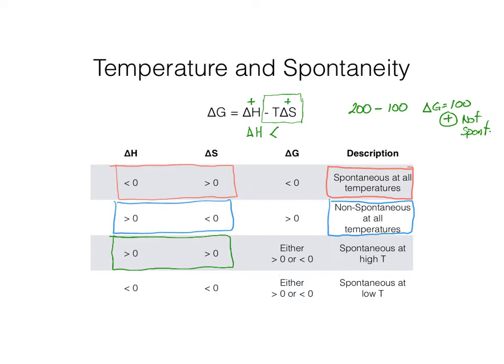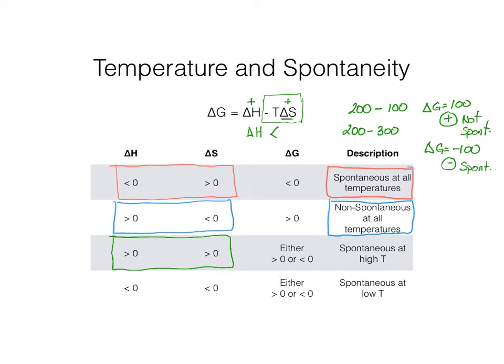But if we increase the temperature, keeping delta S constant, so that now we have 200 minus 300, our delta G equals negative 100. It's negative, and so it is spontaneous.